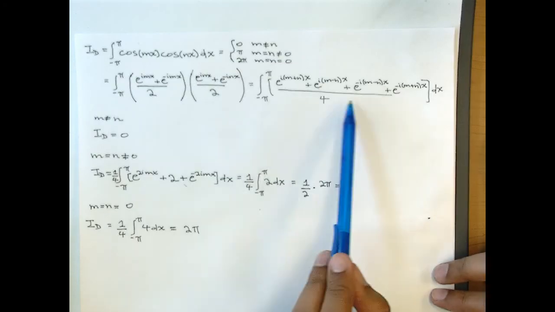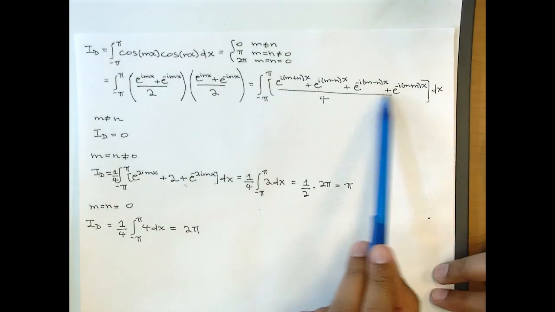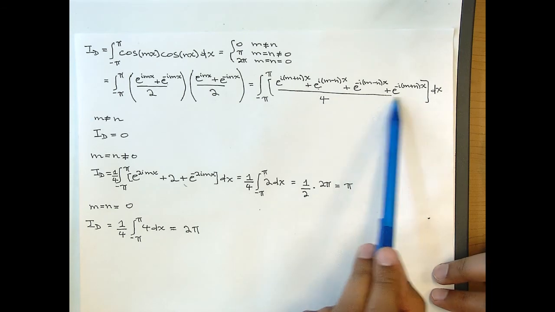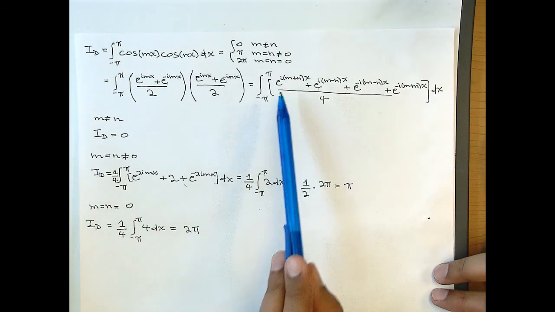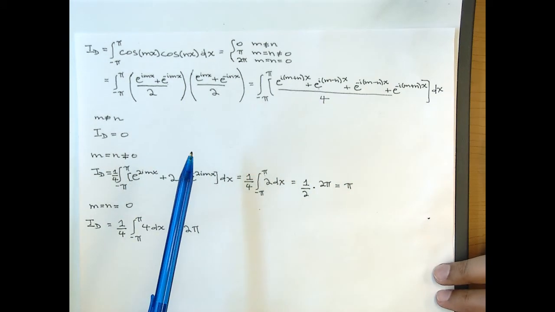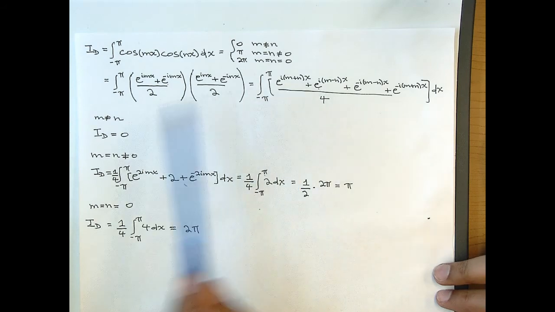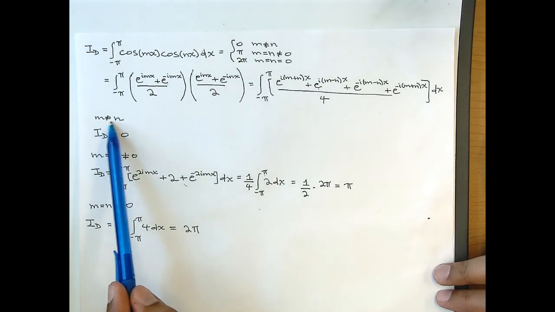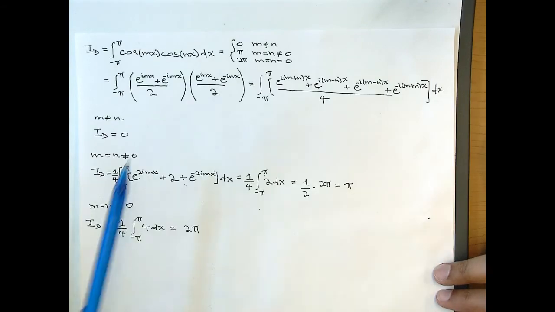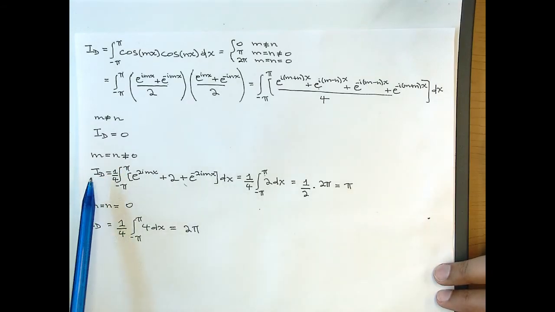Once we multiply this out, we get this very nasty integral. But once again, you don't have to evaluate all of these integrals. We just use our knowledge that for m not equal to n, all of these integrals will go to 0, integrated from negative pi to pi.